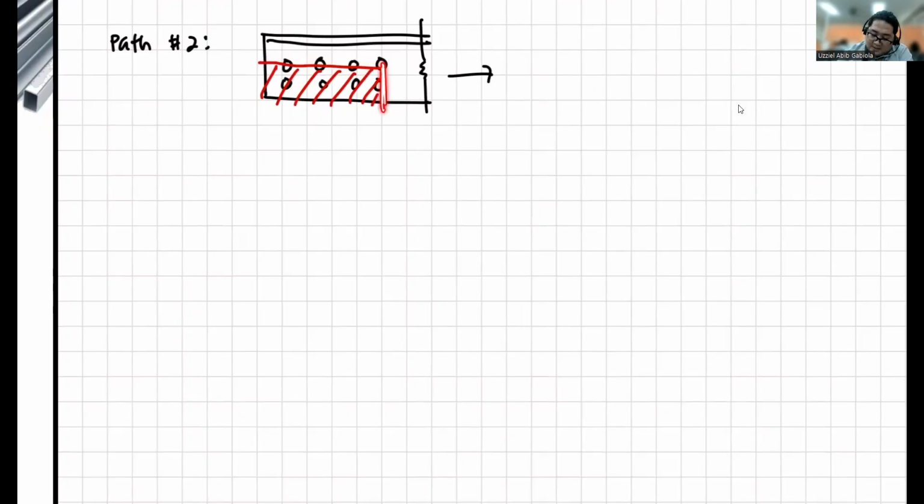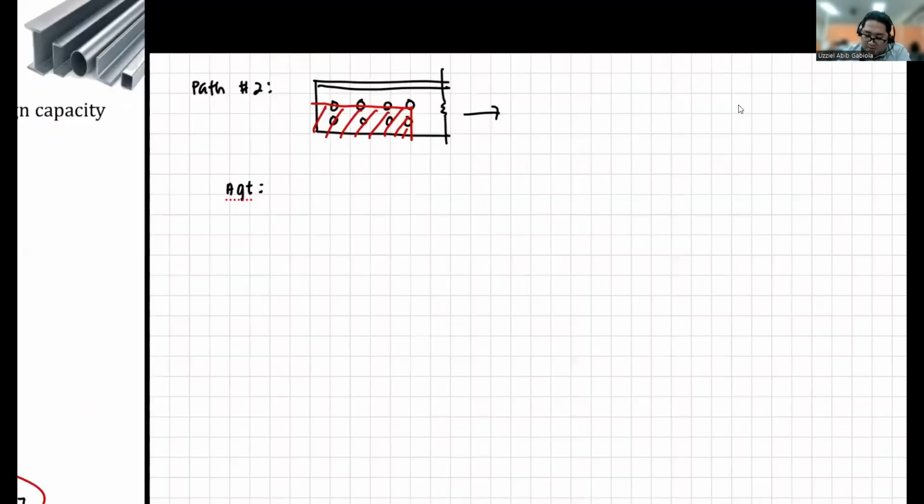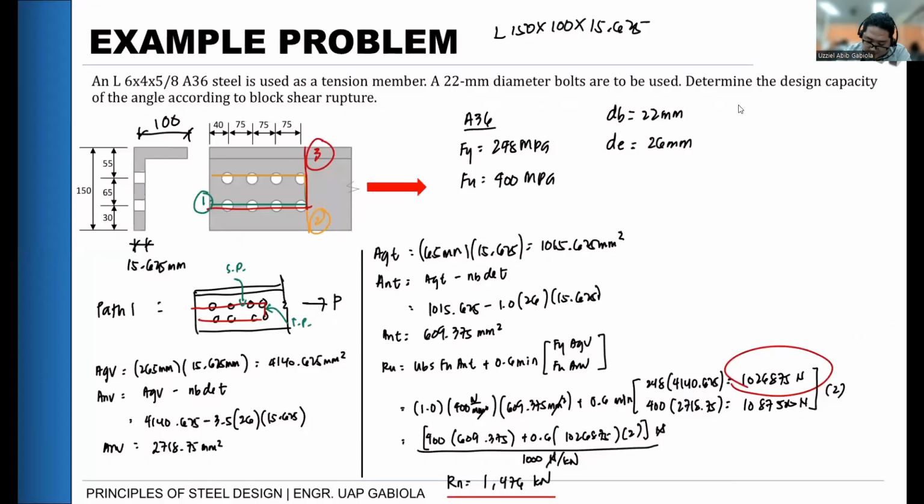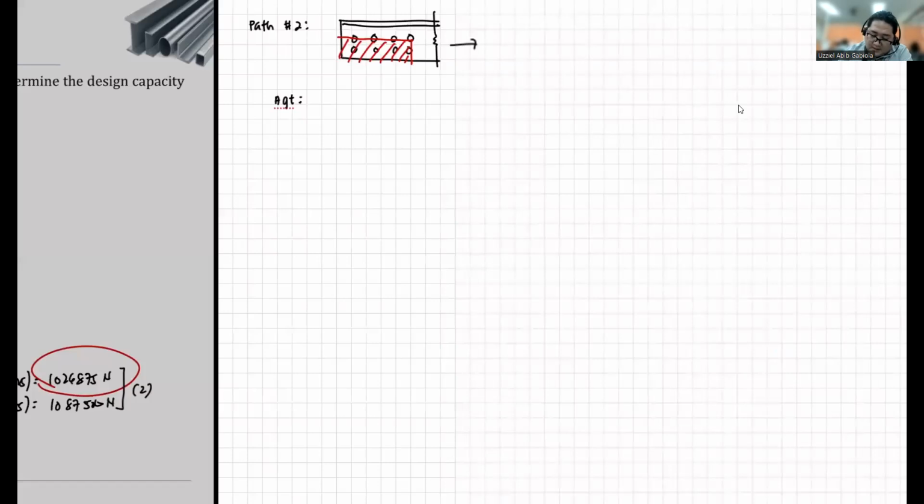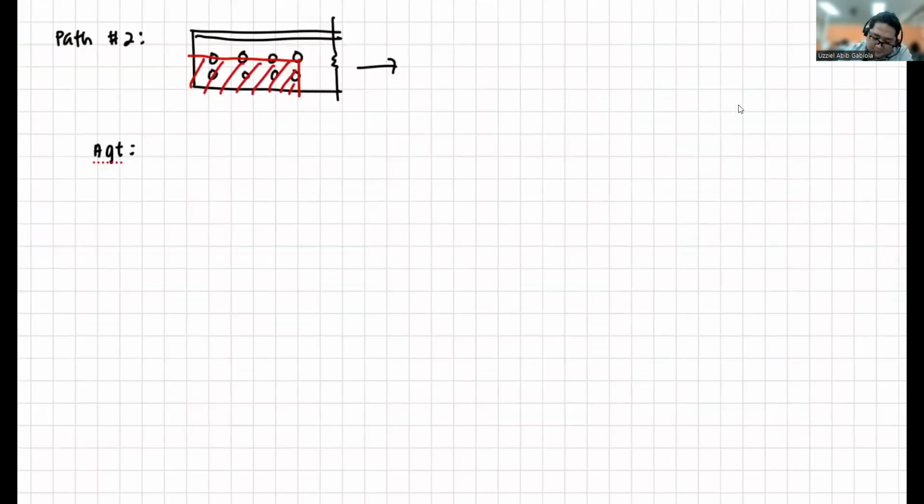So AGT right away. The AGV will be the same. So AGT is equal to, going back to our previous diagram, 65 plus 30, that is 95 mm, times 15.625. That is also in mm. So 95 times 15.625 is 1484.375 mm squared.